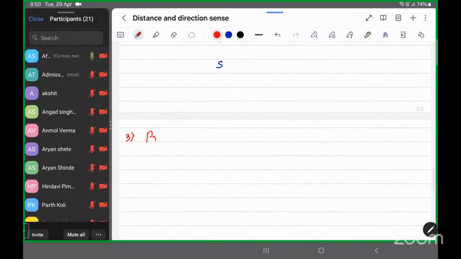Priya walks 8 kilometer west, then turns right and walks 3 kilometer.